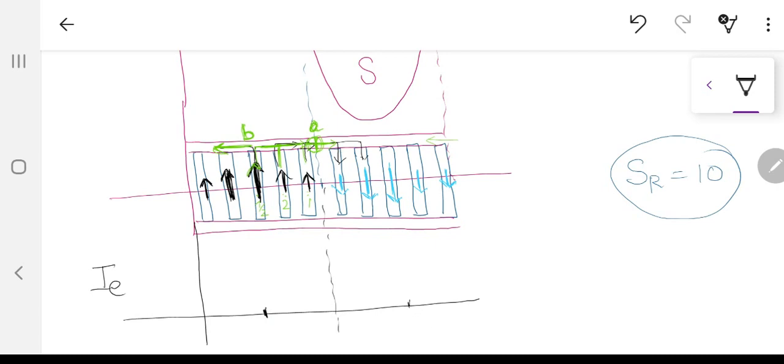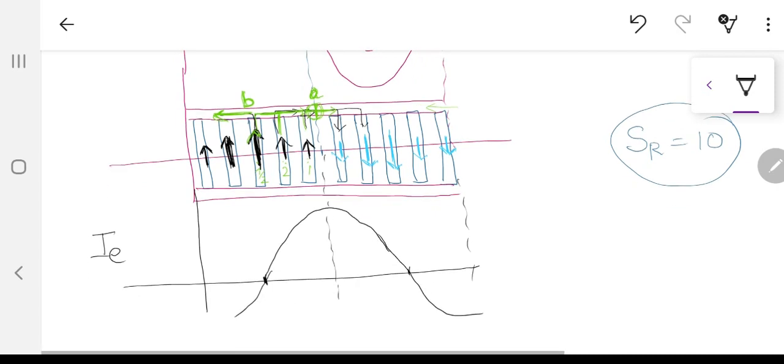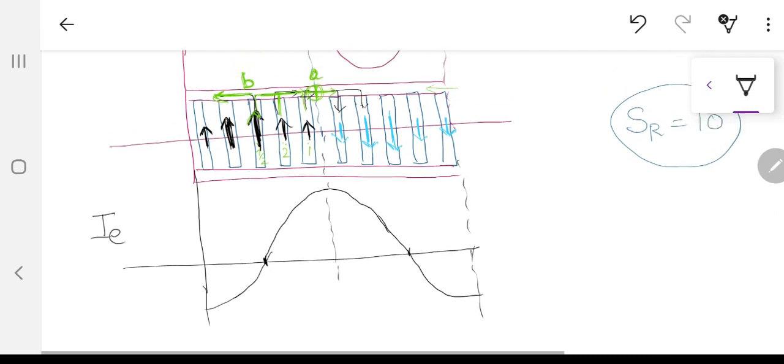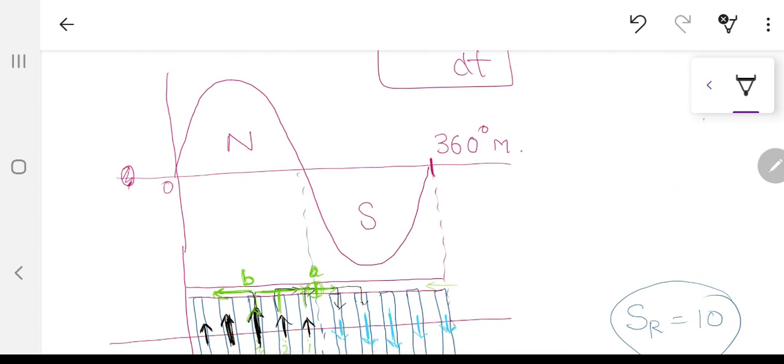So what this means is that I am going to have the end ring currents like this. It's still going to be sinusoidal, but the end ring current is going to be displaced by 90 degrees.